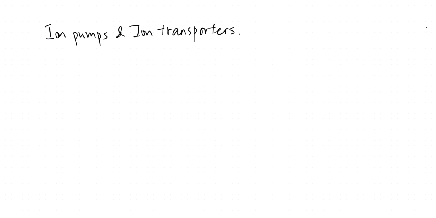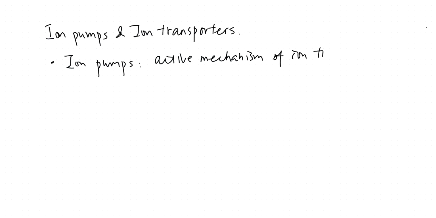Now let's talk about other types of membrane proteins that either actively transport or semi-actively transport. First, let's discuss ion pumps. It's the active mechanism of ion transport across the membrane.